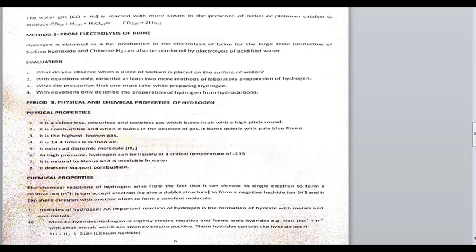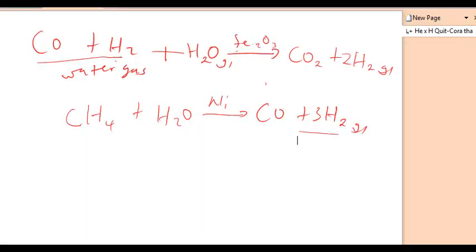Now we will be looking at the chemical properties of hydrogen. First of all, how hydrogen reacts with some elements. We are going to look at direct combination of hydrogen with other elements. First, reactions with metals. When hydrogen reacts with metals, it gives us hydrides, as we have said before.